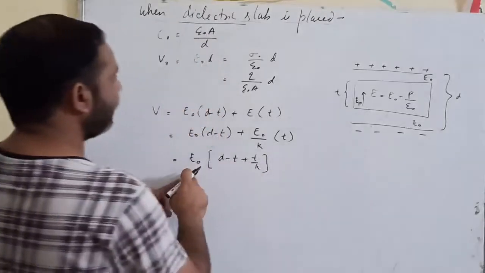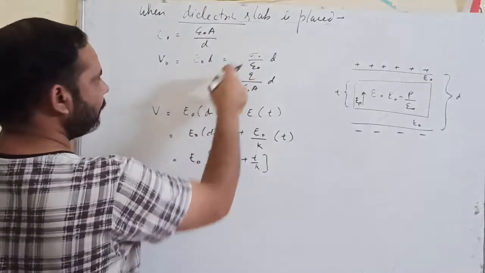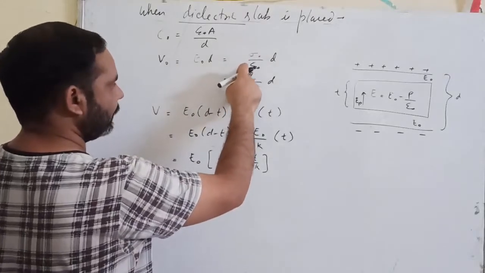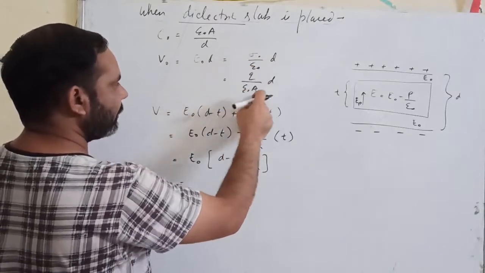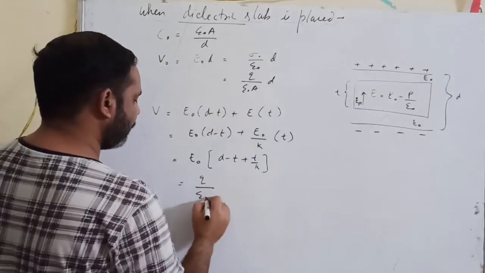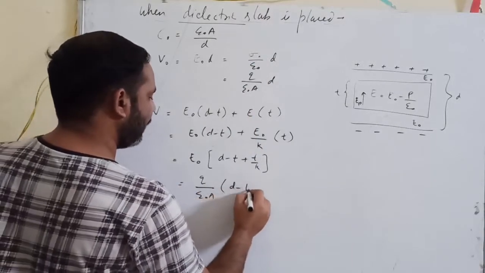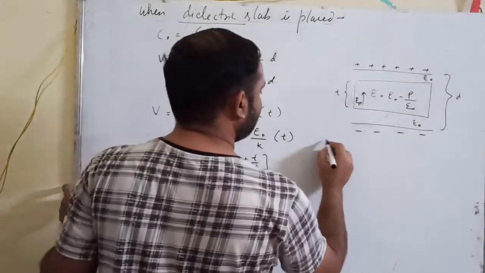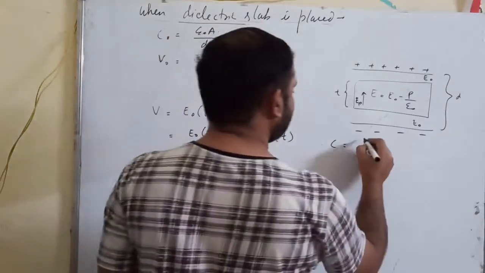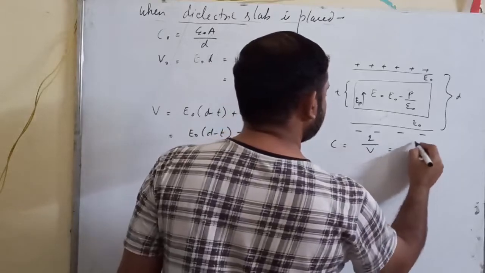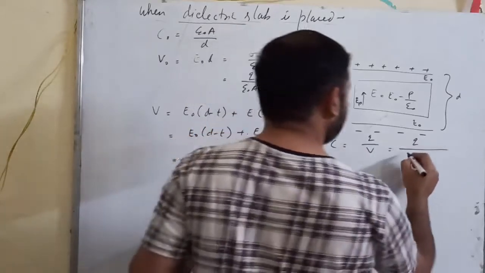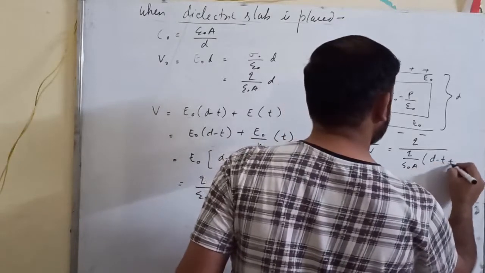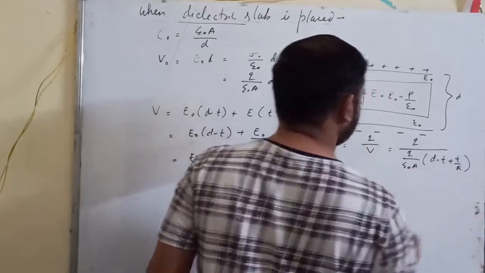Now the value of E naught is sigma naught upon epsilon naught, and sigma naught will be Q upon A. So you will write Q upon epsilon naught A times (d minus t plus t upon K). Therefore the new capacitance is Q upon V, which is Q upon epsilon naught A into (d minus t plus t upon K).